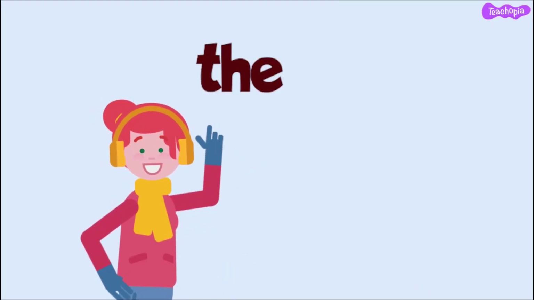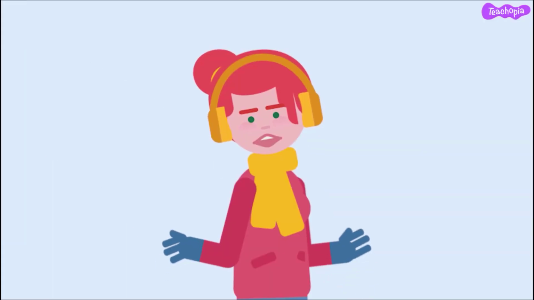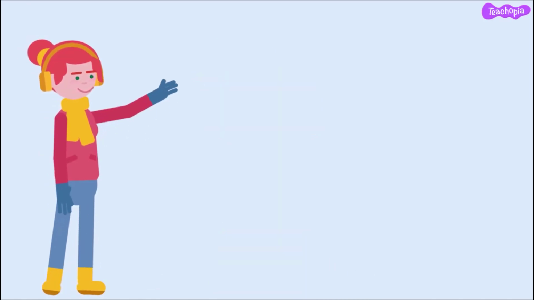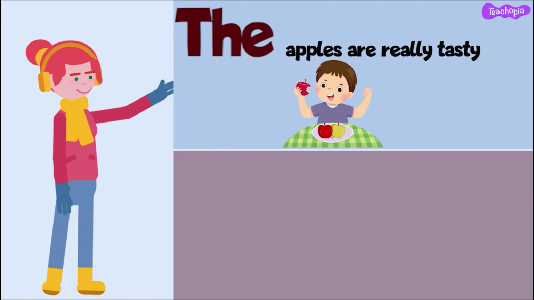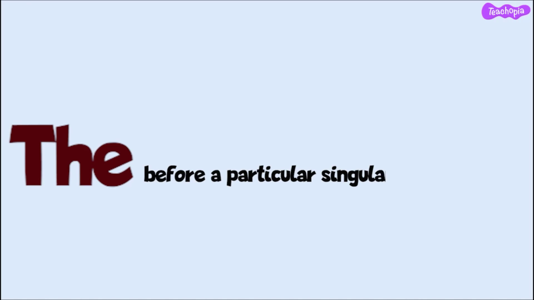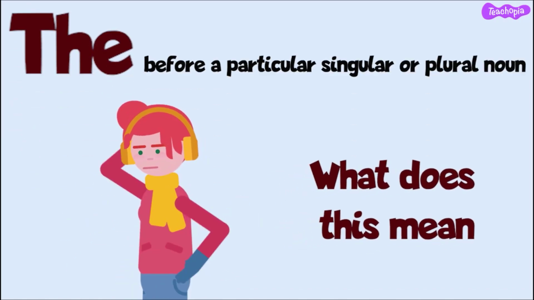So, when do we use the word the? Let's read these sentences where the is used. The apples are really tasty. The teacher is in the classroom. We use the before a particular singular or plural noun. What does this mean?